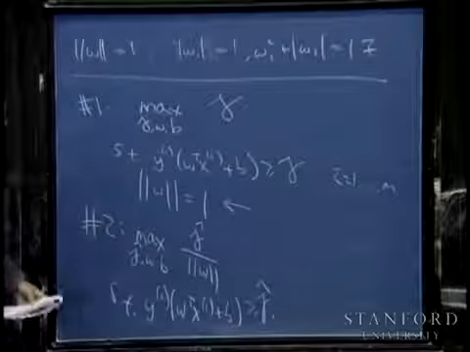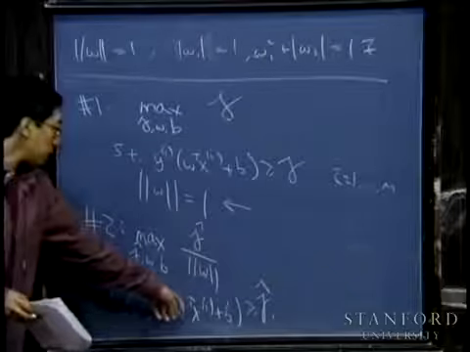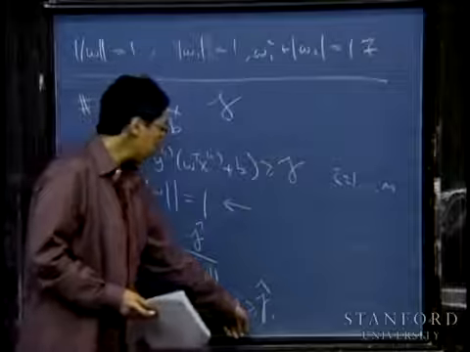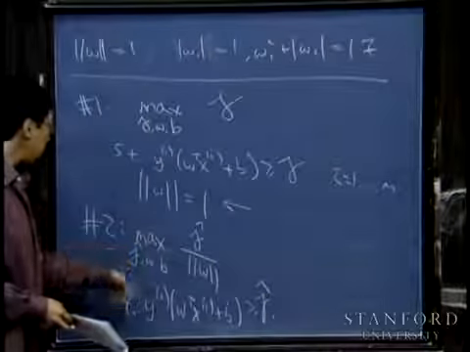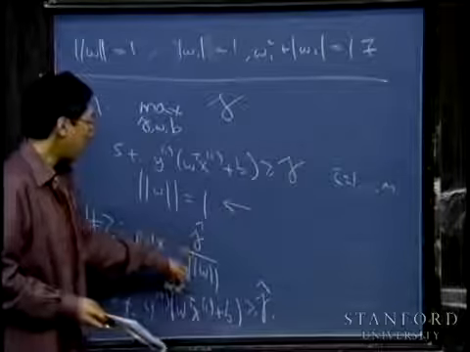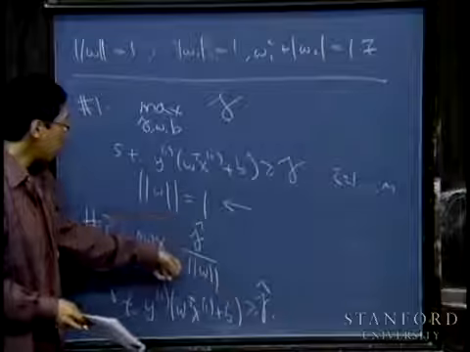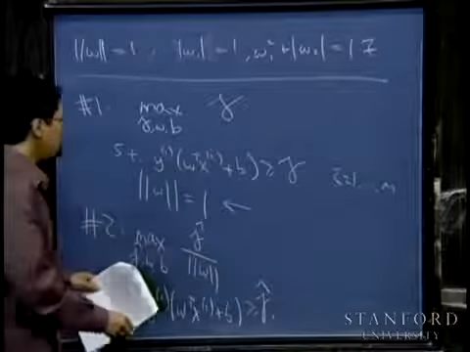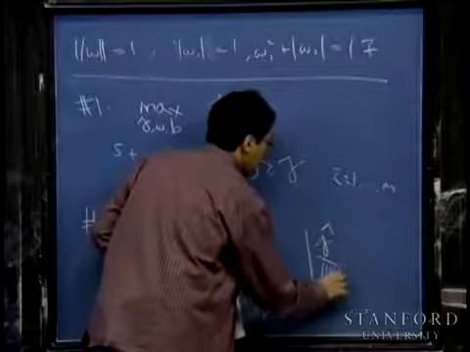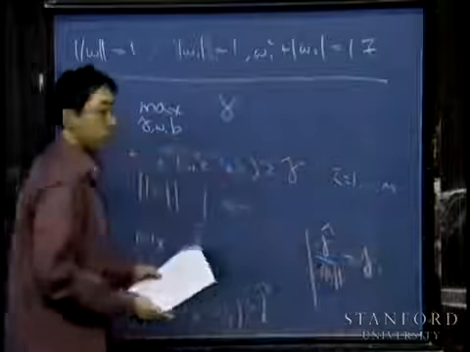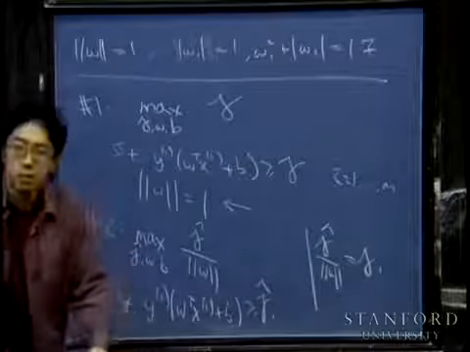In other words, I want to find a number gamma hat so that every one of my training examples has functional margin greater than or equal to gamma hat. And my optimization objective is to maximize gamma hat divided by the norm of W. Okay, so I want to maximize the functional margin divided by the norm of W. And we saw previously that the functional margin divided by the norm of W is just the geometric margin. So this is a different way of posing the same optimization problem.